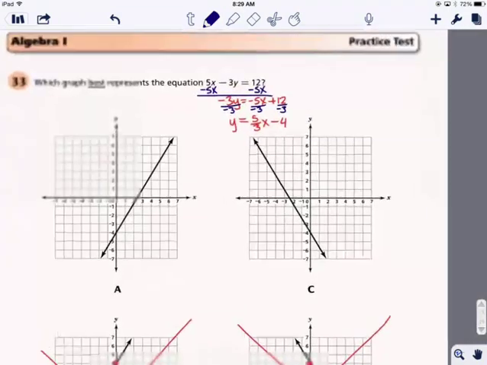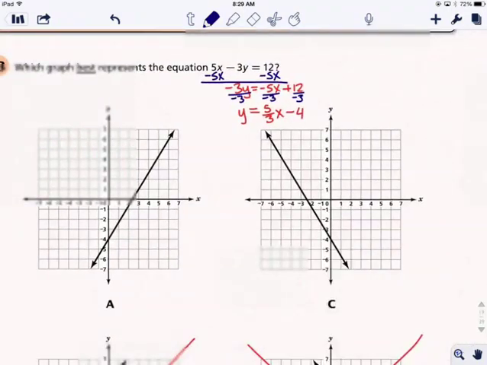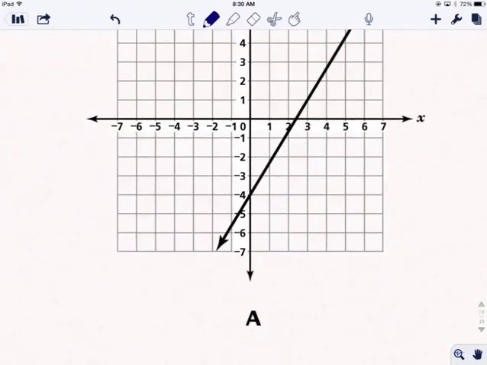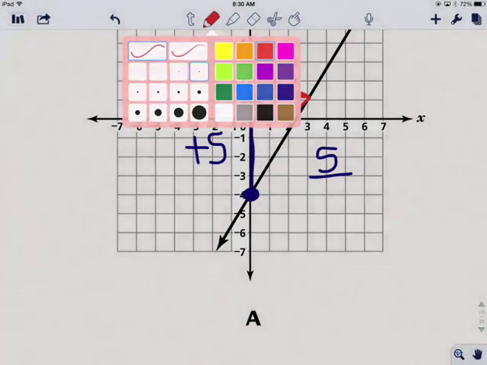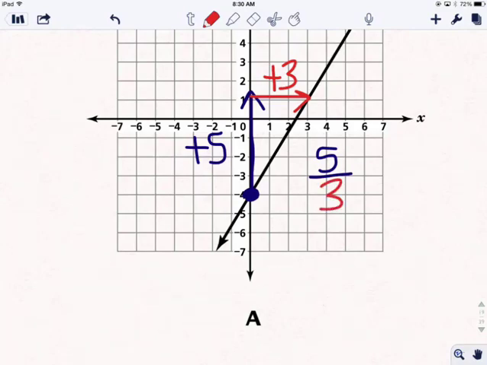Well, the only graph of A and C that has a slope of positive 5/3 is A. Do you see that? Y-intercept is negative 4. Go up 5 and then go over 3. So the slope of this guy is positive 5/3. So the correct answer choice is A.